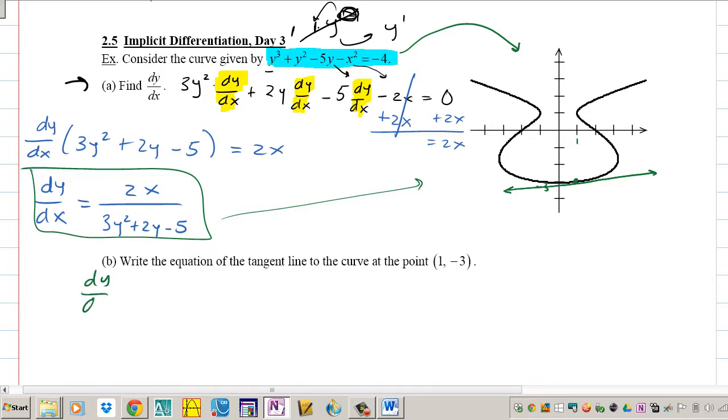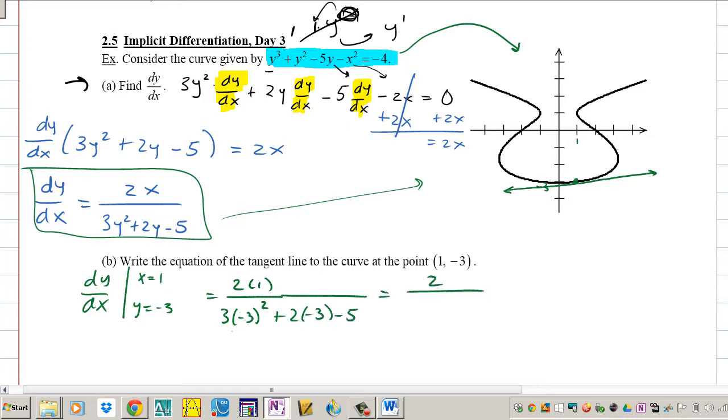dy/dx, when I plug in x equal to 1 and y equal to negative 3, I should get 2 times 1 over 3 times negative 3 squared plus 2 times negative 3 minus 5.